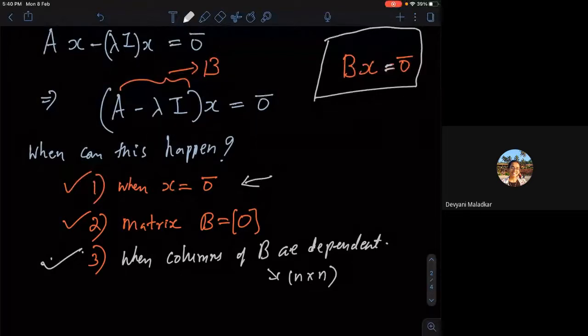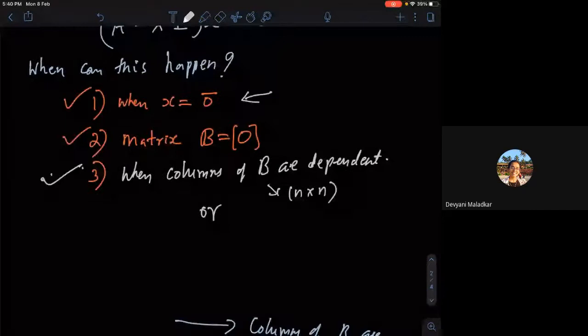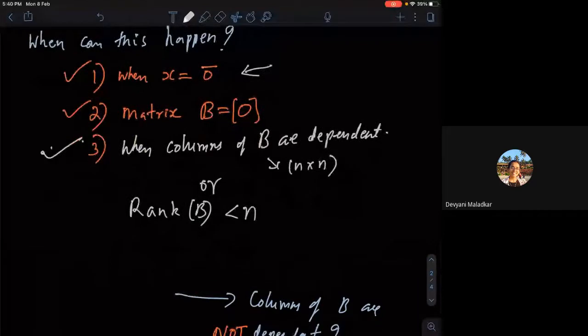You can say it in terms of the rank. Invertibility, right. So another way to check is whether the rank of B is less than n. Now, is there any other way?